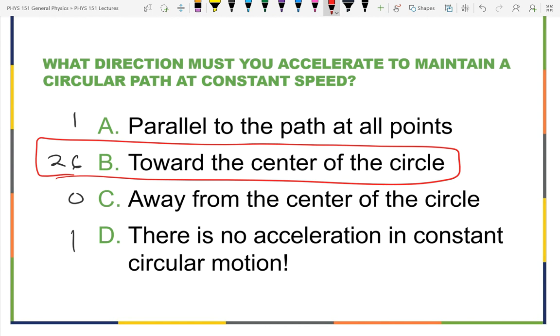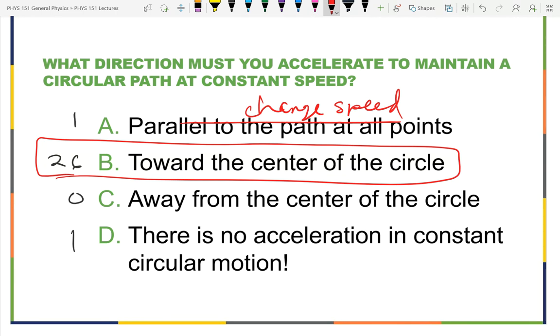Okay, now let me ask you a couple more questions. What would happen if you had an acceleration parallel to the path? You'd go faster in the same direction. So that's why that one's wrong, because that would make you go faster. What would happen if there was no acceleration?